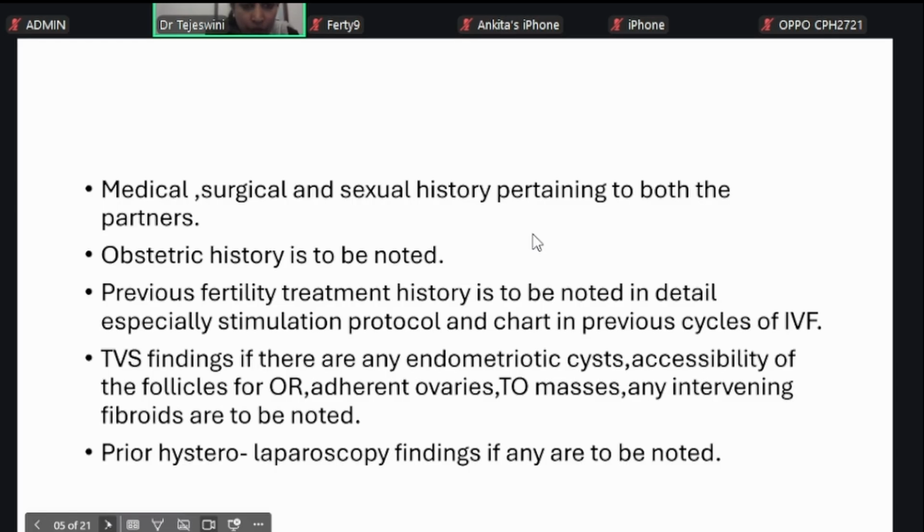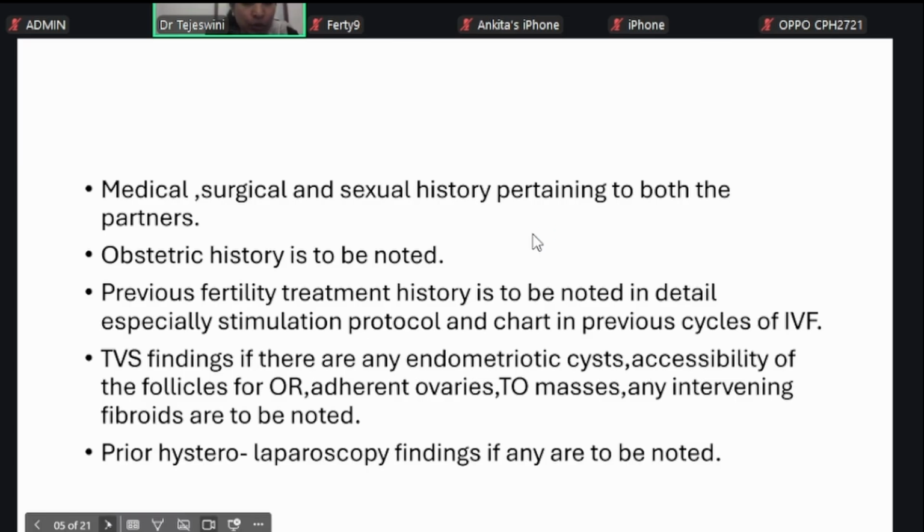And the TVS findings of the current cycle, if there are any endometriotic cysts, and the accessibility of the follicles for oocyte retrieval in case there is an endometriotic cyst, any adherent ovaries or tubo-ovarian masses, and any intervening subserous fibroids or pedunculated fibroids are to be noted.